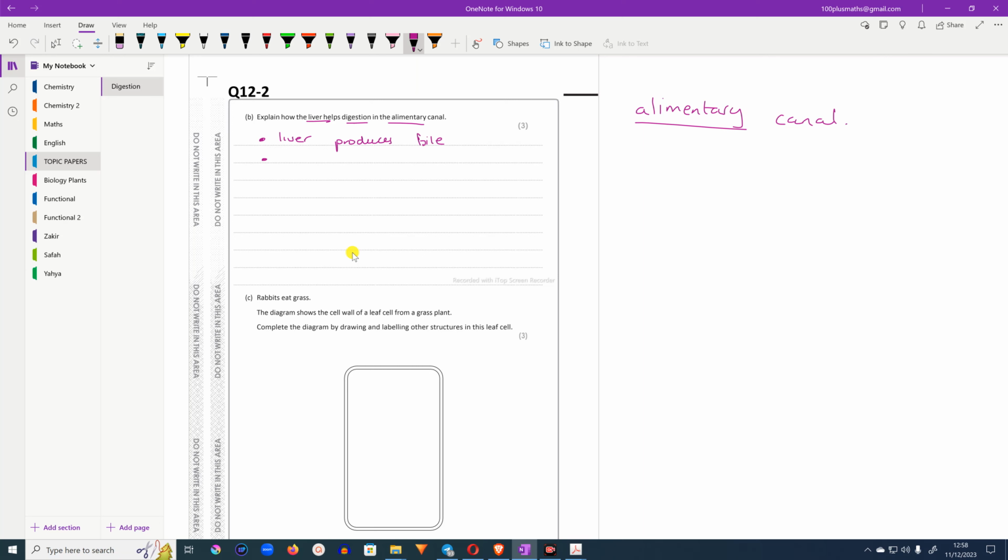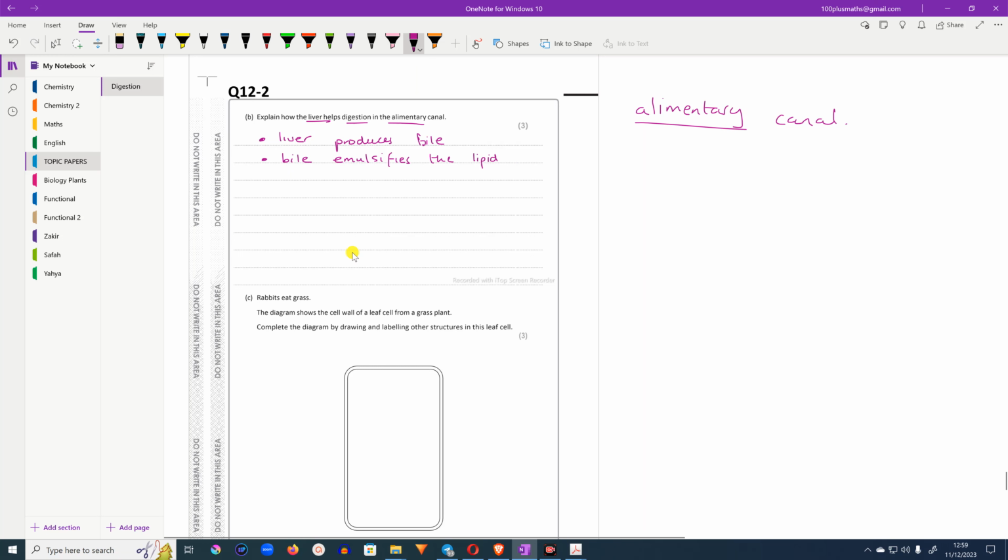What does the bile do? The bile does 2 things. It emulsifies the lipids. Let's just go back. Let's put this in.